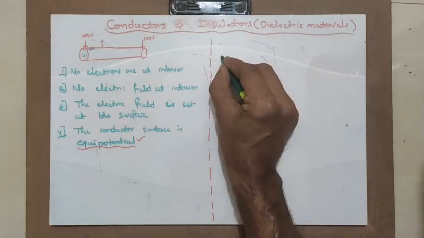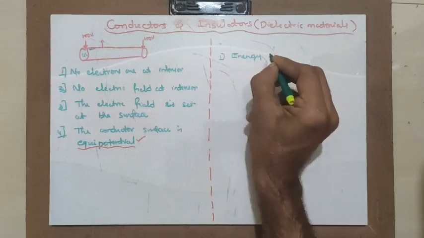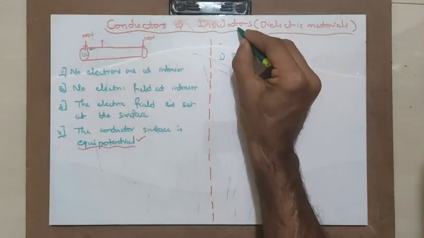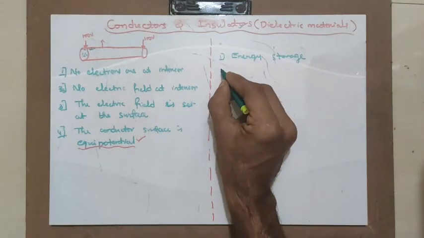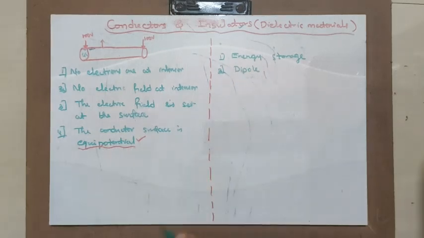First point is energy storage. In insulators, energy storage happens. Second, it happens because of dipole and polarization.